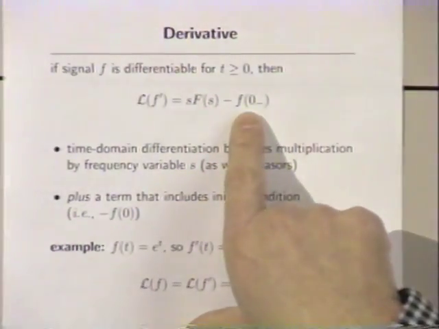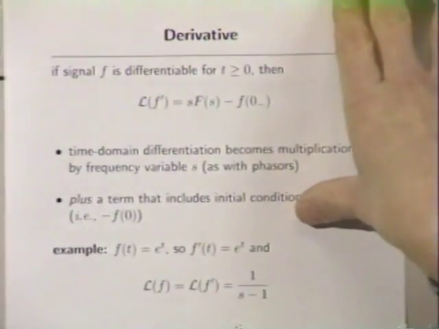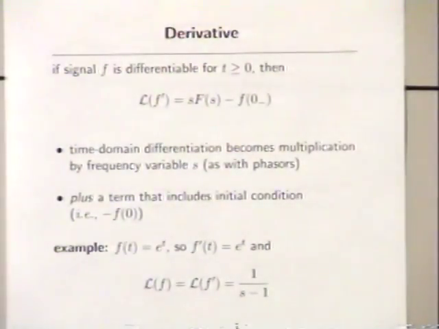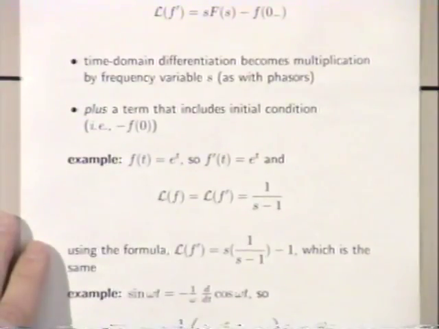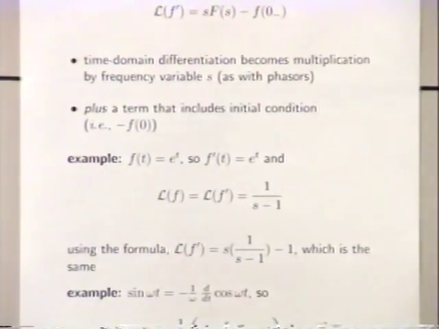This term here gives you the effect of the initial condition. Okay? So that's going to become critical. So roughly speaking, the Laplace transform turns time domain differentiation into frequency domain multiplication by s, the frequency variable.